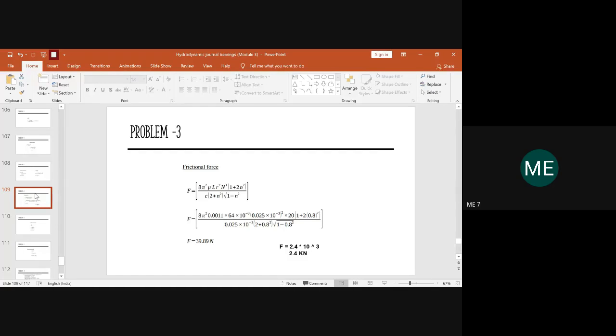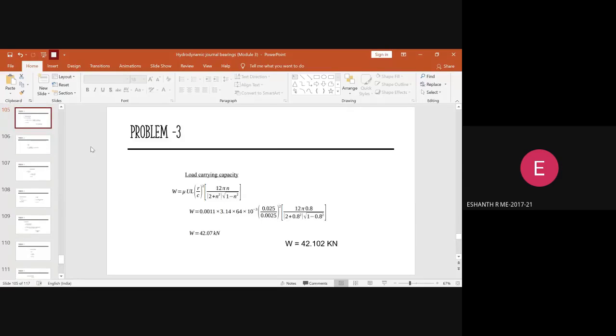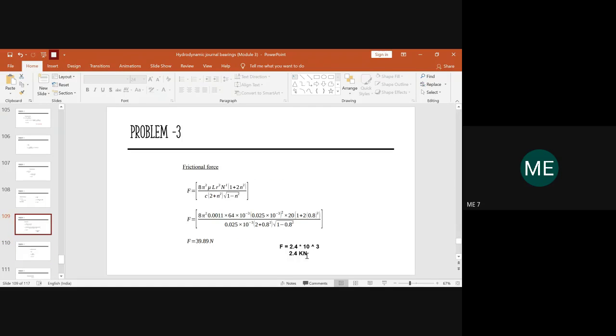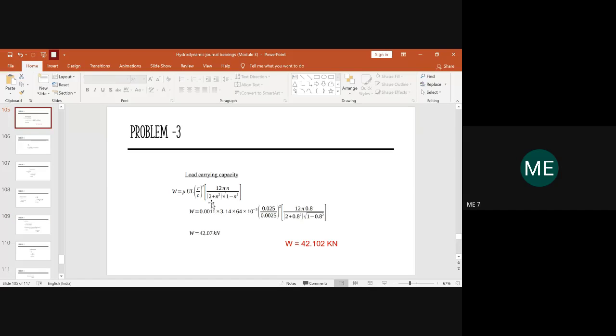And the load bearing capacity, have you calculated it? Yes, ma'am. It is 42.102 kilonewton, as per the right calculation. So kindly take the answer you have calculated, not from the slide. Then substitute here. The value of F is 2.4 kilonewton and the value of W is 42.102 kilonewton.